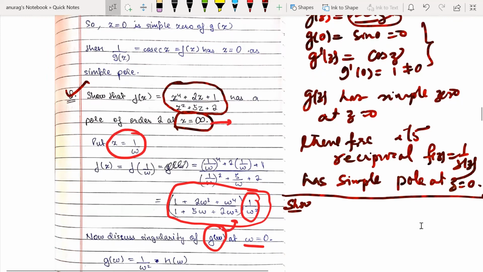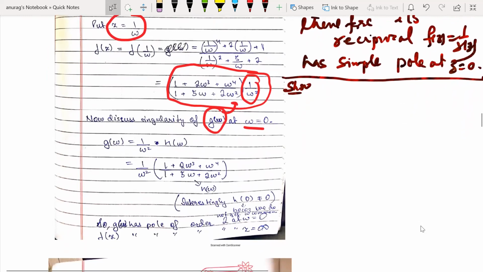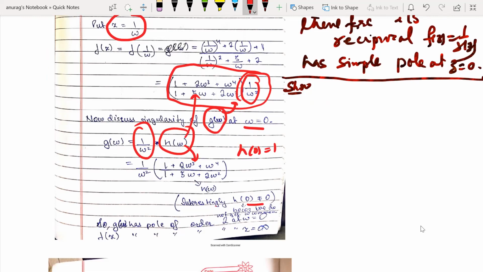Now g(w) equals 1 upon w square times some h(w). If you see, this is an h(w) function. I'm taking 1 by w square outside. The interesting part is h(w) is non-zero at w equal to 0, because h(w) is (1 plus 2w cube plus w power 4) upon (1 plus 5w plus 2w square), and h(0) is equal to 1. Interestingly, h(0) is not equal to 0.